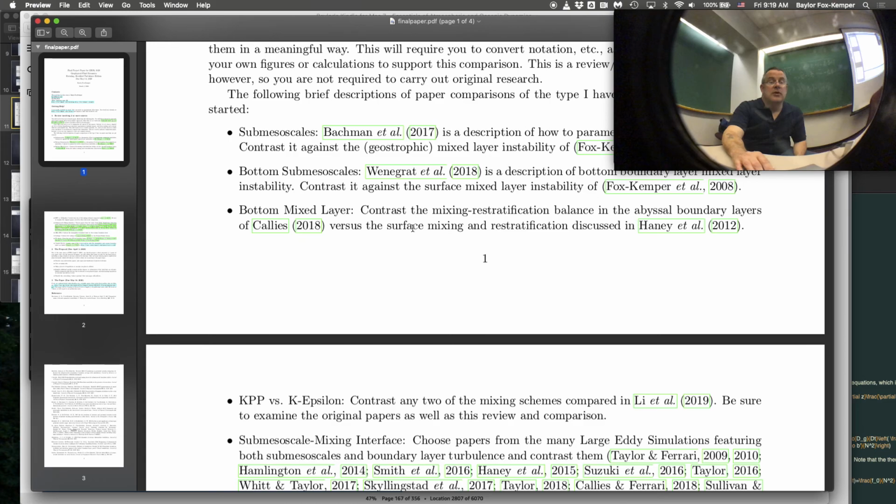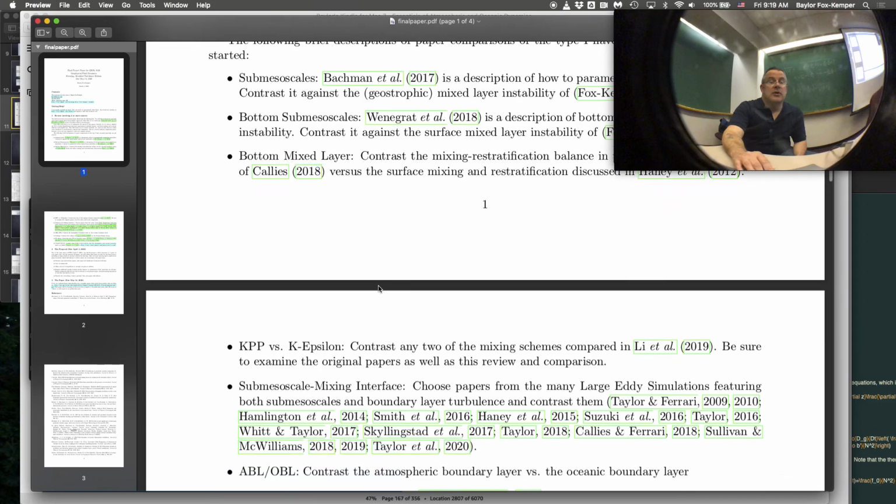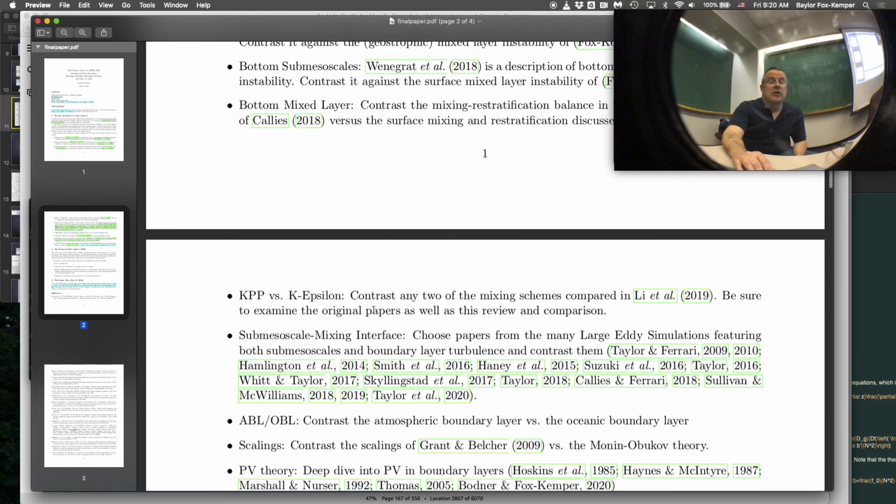Mixing versus restratification in the bottom boundary layer versus the surface boundary layer. 1D mixing schemes: we're going to talk about different ways of doing 1D mixing, and Ching, a student who just graduated from my group, wrote a very nice paper comparing a lot of them, so you could just choose 2 out of his list of 12 and compare them.